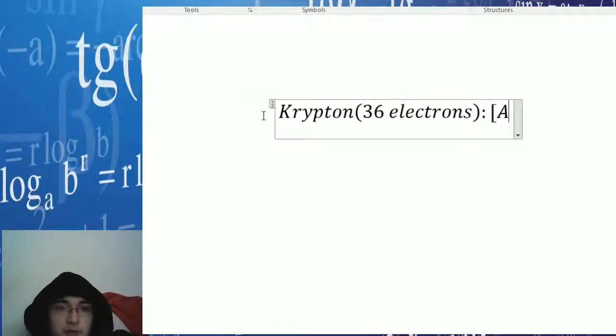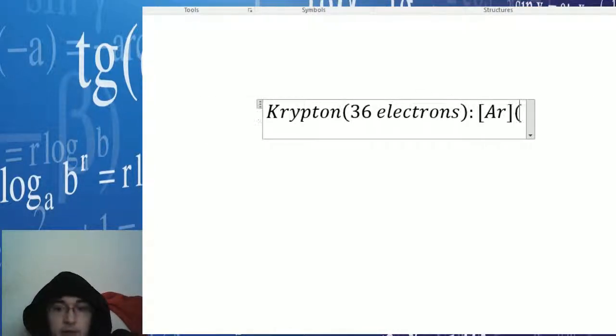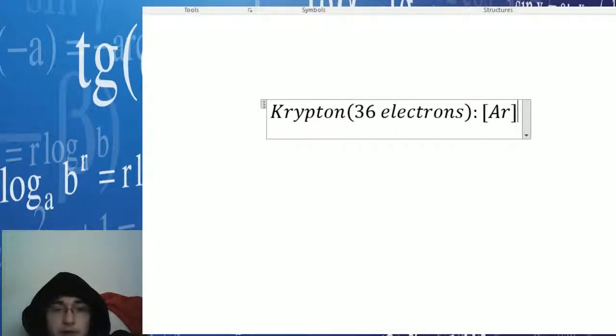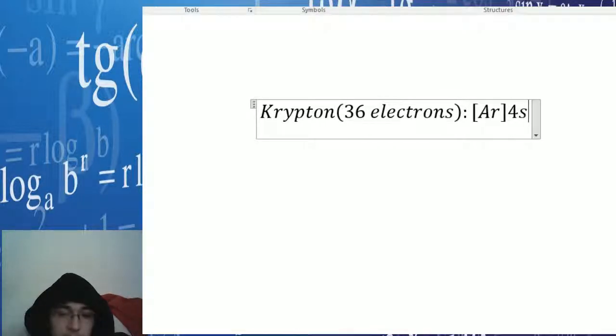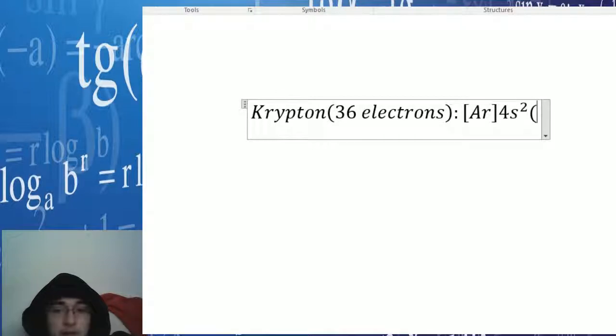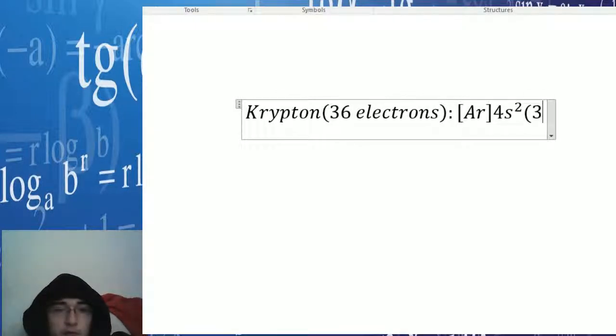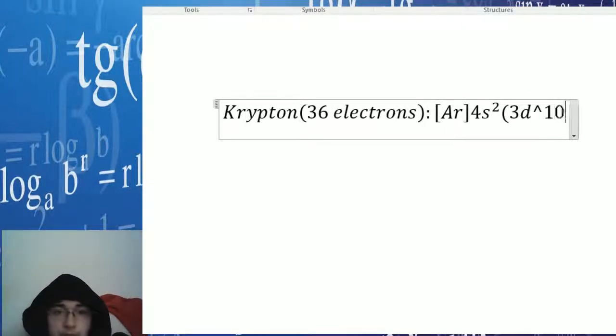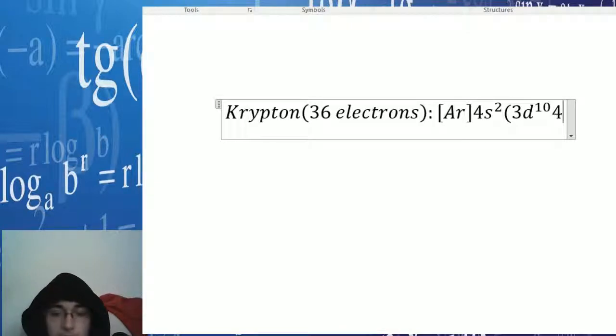It has the structure of argon. Then the last one was n plus L equals 4, so you have to put n plus L equals 4. So you have 4s2. But then you have the choice between 3d10 and 4p6.